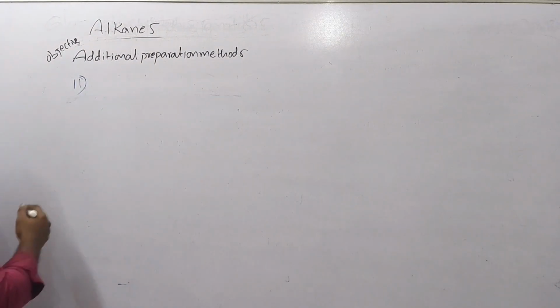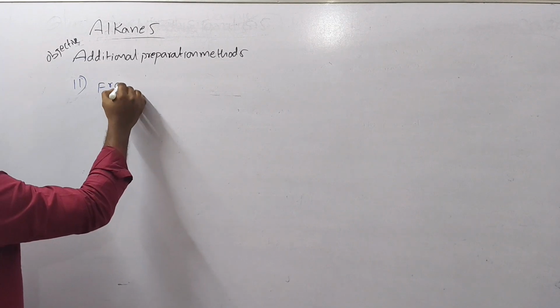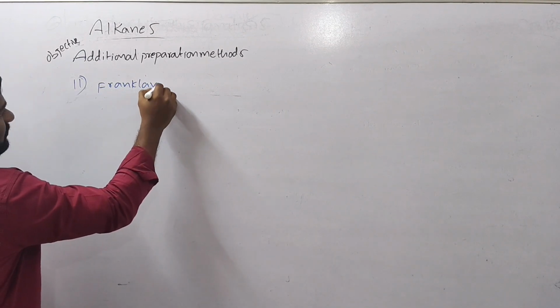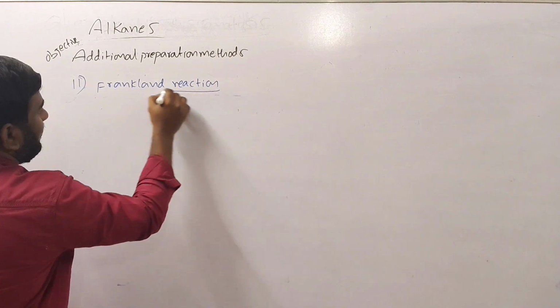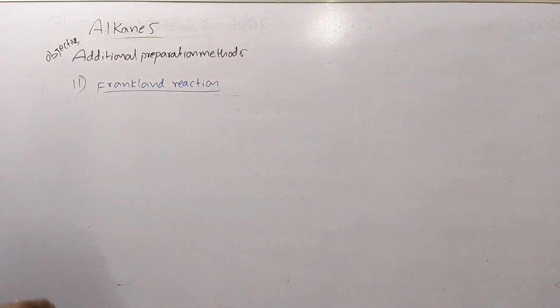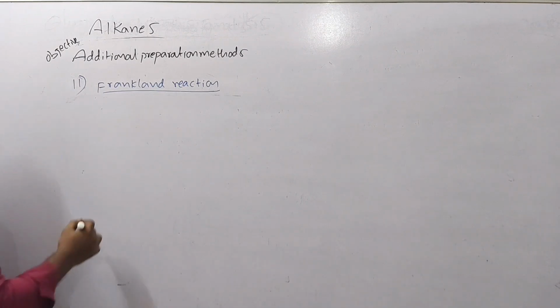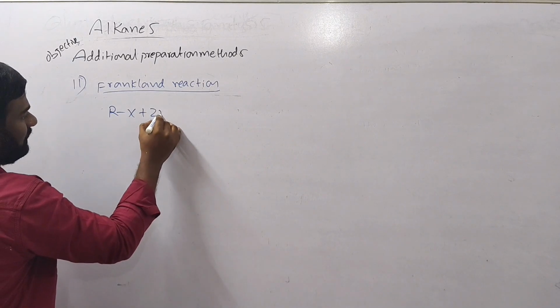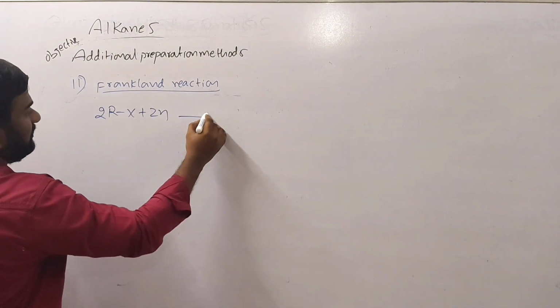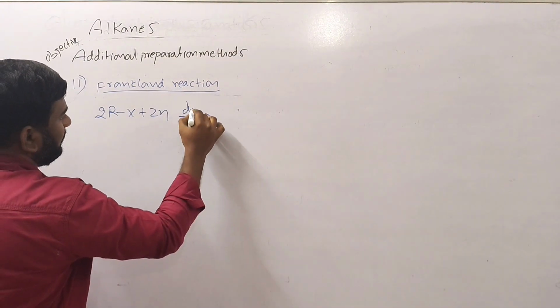Now the 11th one, Franklin reaction. This is very easy. Franklin reaction is the same as the Wurtz reaction, but in the Wurtz reaction we heat the alkyl halide with sodium metal, whereas here we heat the alkyl halide with zinc in the presence of dry ether.